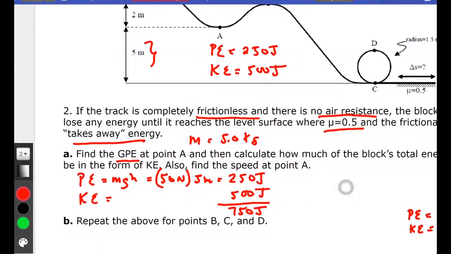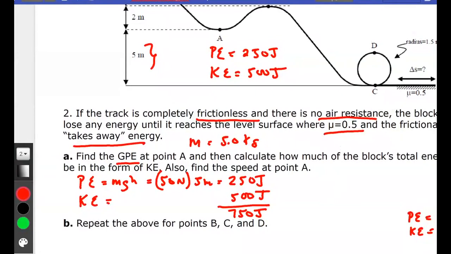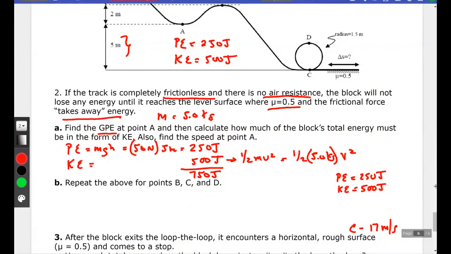All right. Find the speed at point A. Okay, that's easy enough. That's the KE. It's 1/2 mv squared, 1/2 of 5.0 kg times v squared, equals the 500 we found just before.